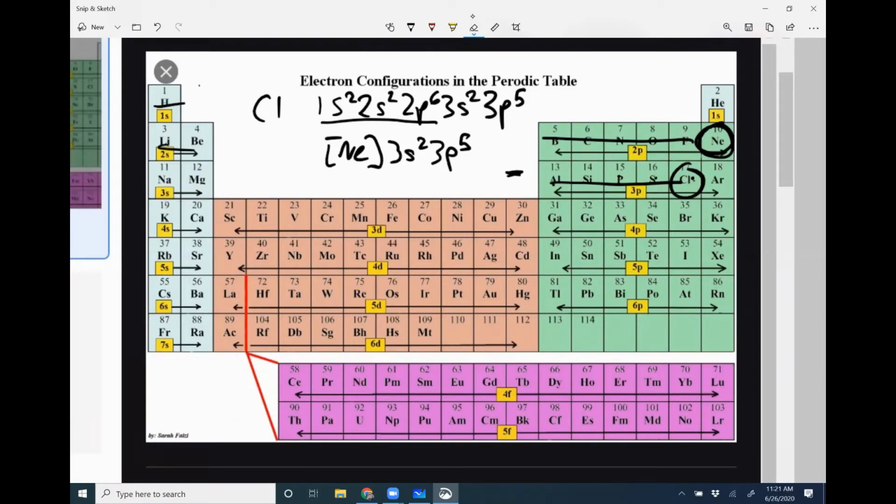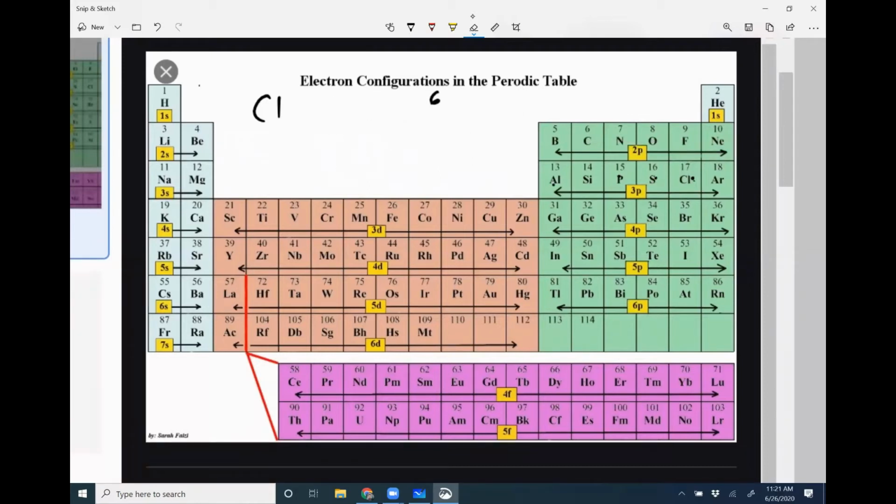All right. So you guys want to see one with a 4f or a 5f. Let's do basically humans' favorite element for thousands of years. Let's do gold. Gold is down there, number 79 on the periodic table.